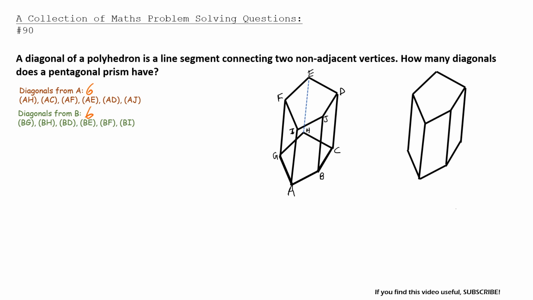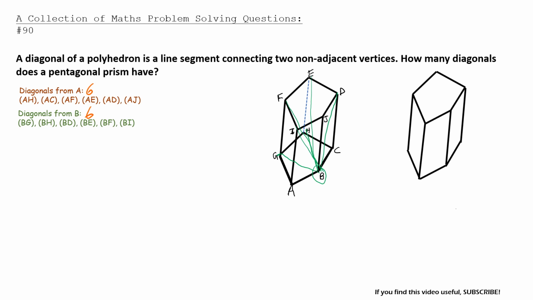Then the next one, diagonals from B. If we do the same again, you'd have BG, BH, BE, BD, and of course BF and BI.